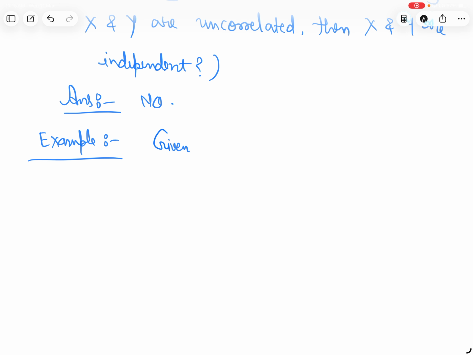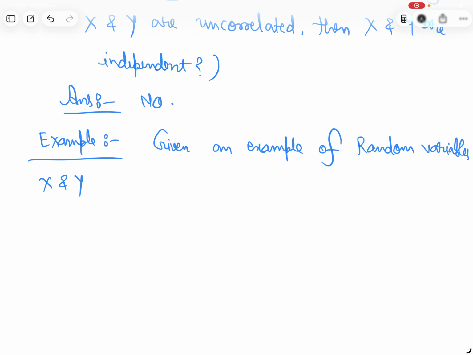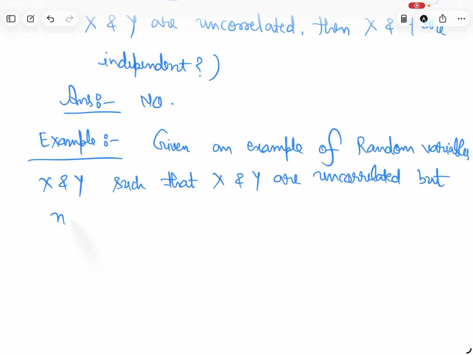Give an example of random variables X and Y such that X and Y are uncorrelated but not independent.